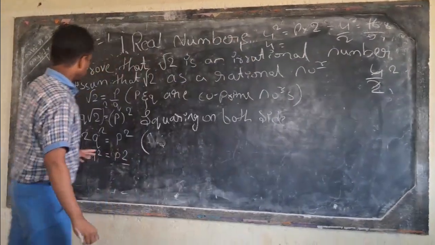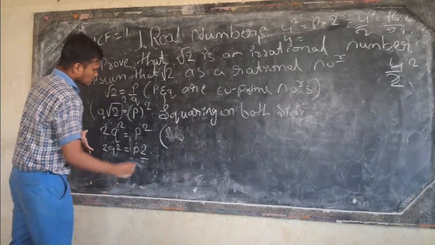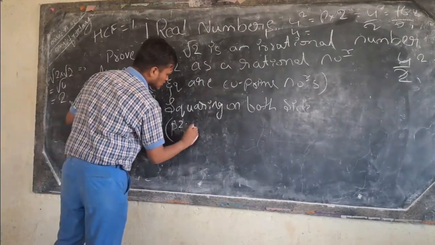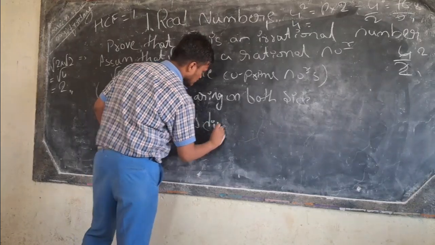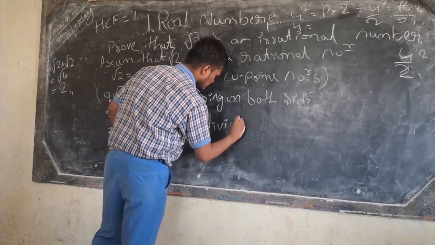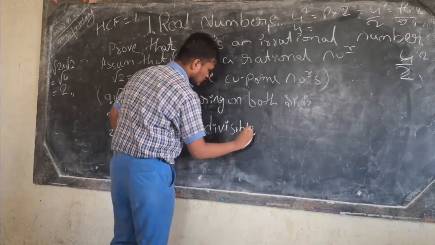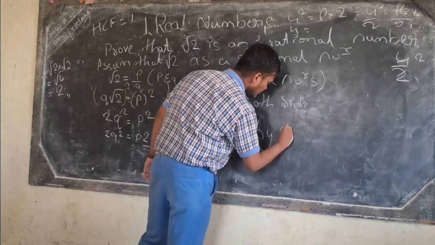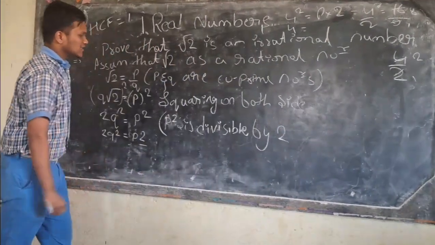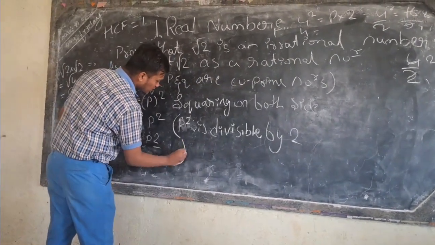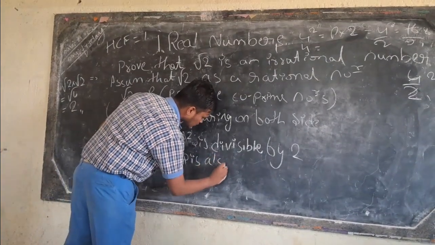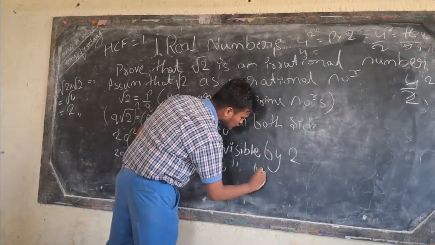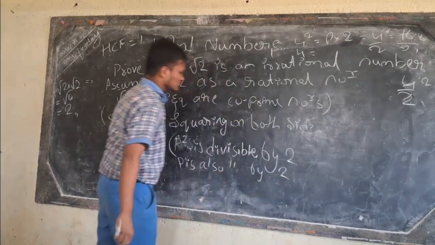Hence p square is divisible by 2. And also that theorem says p is also divisible by 2.